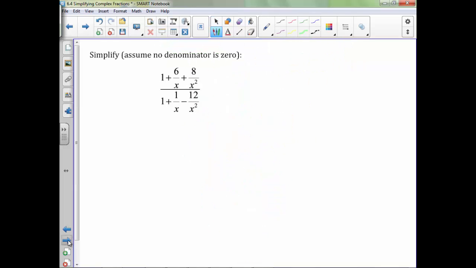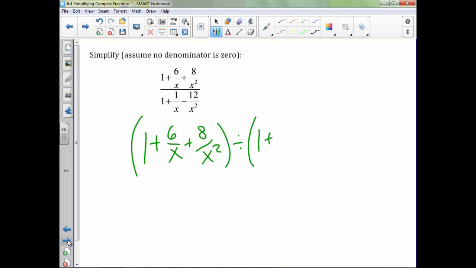This one looks more complicated. It's got the same idea. And so let's start by separating this with our numerator divided by our denominator.